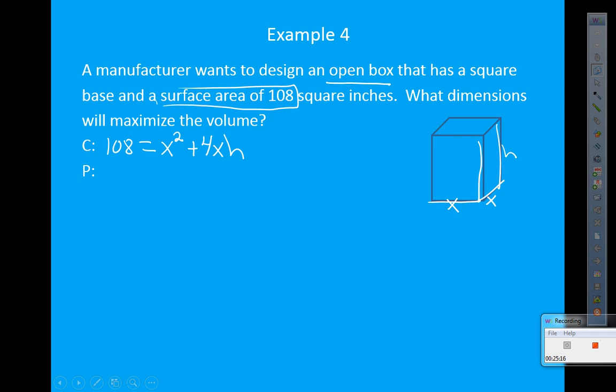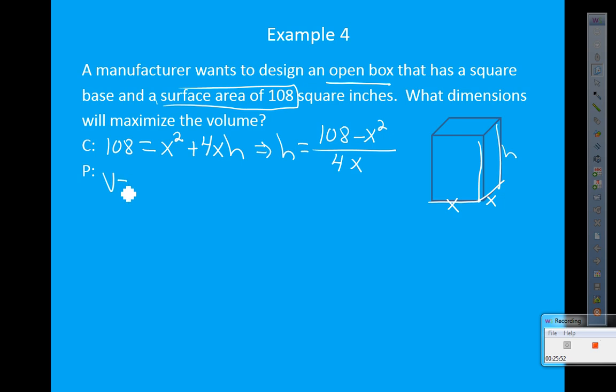While we're here, let's go ahead and solve that for something. Decide if you want to solve for x or h. Well, we're definitely going to solve for h. If I solve this thing for h, I've got 108 minus x squared all over 4x. There's a lot of things you can do with it from there. I'm going to leave it like that for a second. Now my primary equation, we'd like to maximize the volume.